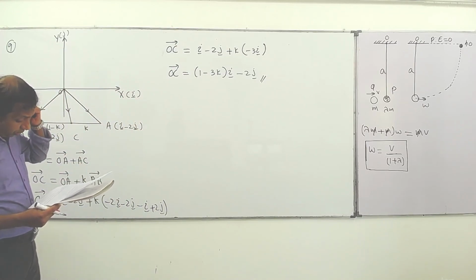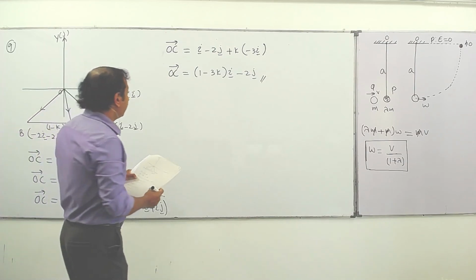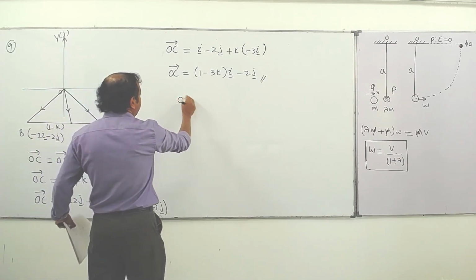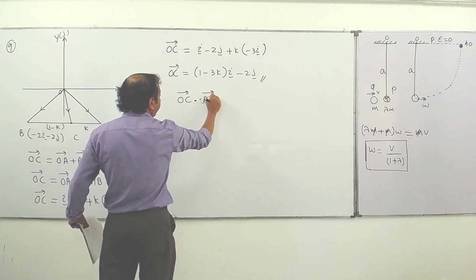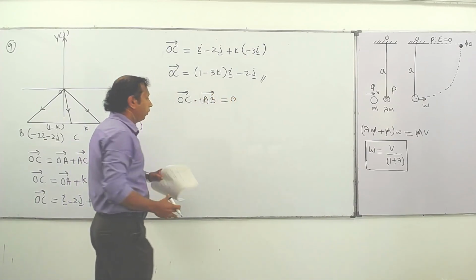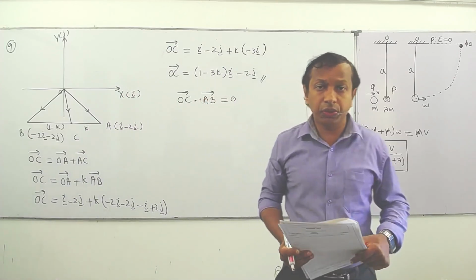Now OC and AB are perpendicular. Then show that k equals 1/3. When OC and AB are perpendicular, then OC dot AB should be equal to 0. OC and AB perpendicular means OC dot AB should be equal to 0.